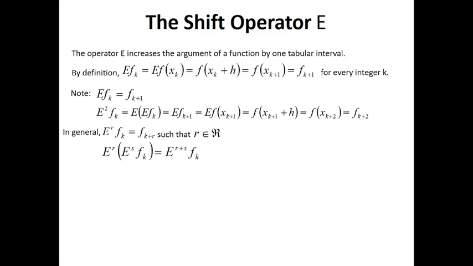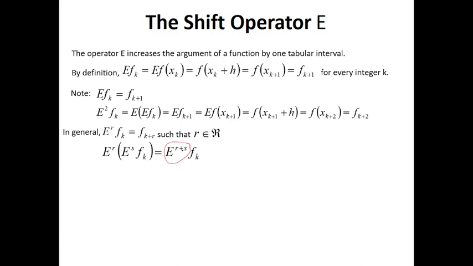Okay, another property of the shift operator. If we are to get the r-th shift of the s-th shift of the function, r-th shift ng s-th shift. Okay? So, simply, using laws of exponents, pag-add natin yung exponent ng E dito na r, tsaka yung exponent ng E dito na s, that is E to the r plus s.